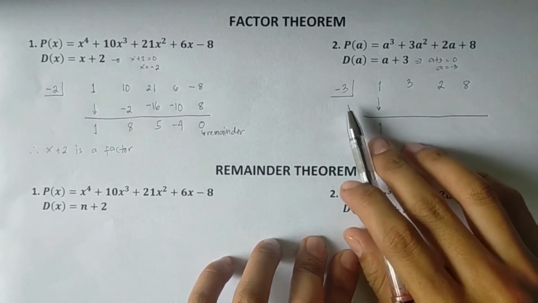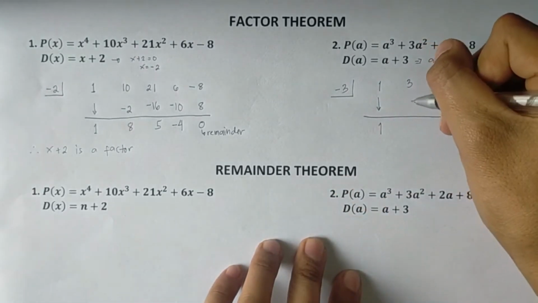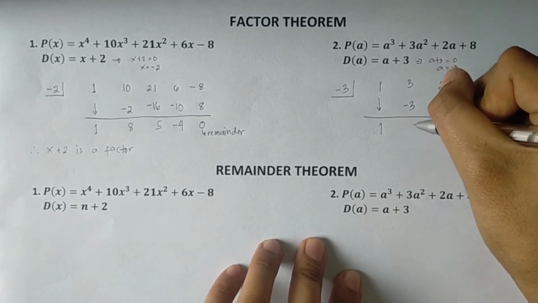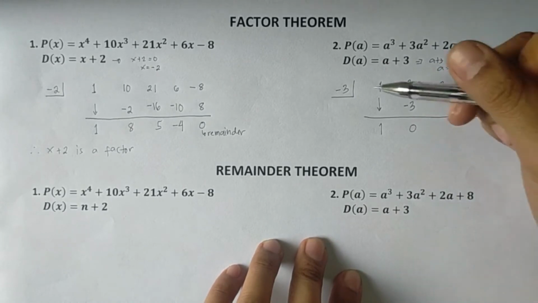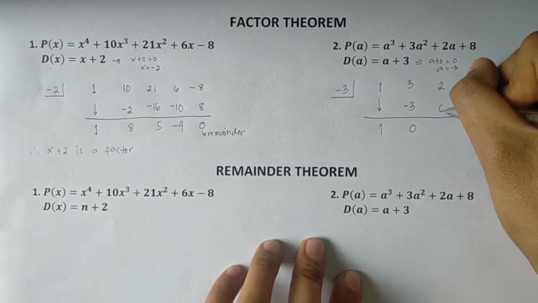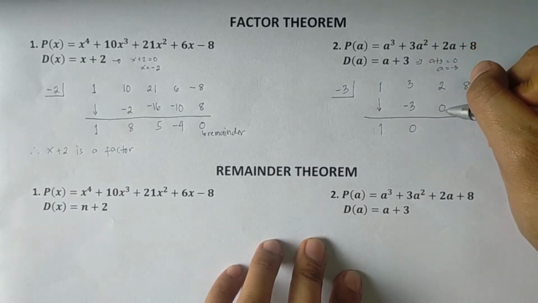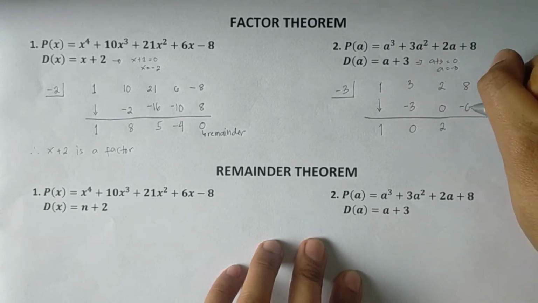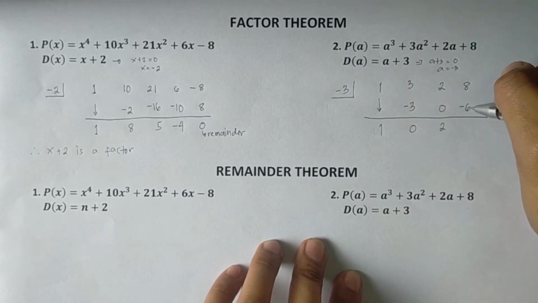Bring down 1. 1 times negative 3, that is negative 3. 3 plus negative 3, that is 0. 0 times negative 3, that is 0. 2 plus 0, that is 2. 2 times negative 3, that is negative 6. 8 plus negative 6, that is positive 2.